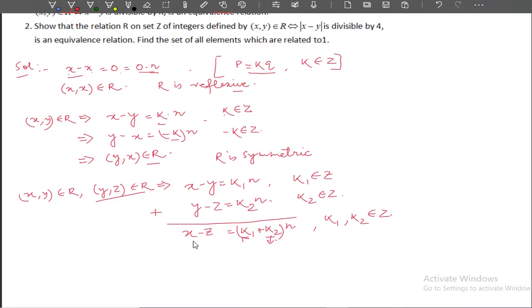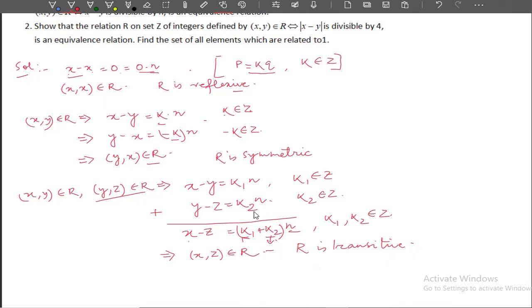So x minus z is a multiple of n. So you can write (x,z) belongs to the set R. x and z are related. This shows R is transitive.